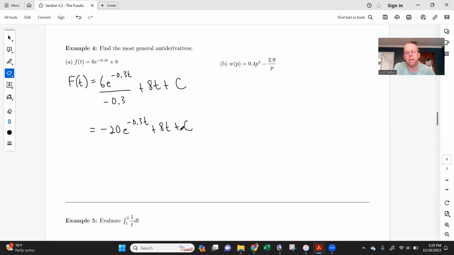And again, you can do this with any of your antiderivatives. You can take the derivative of your antiderivative, and you should end up with the original function. So it's always a good idea to check yourself, especially when you're learning these, even after that, because it's easy to make arithmetic mistakes or simple algebra mistakes.